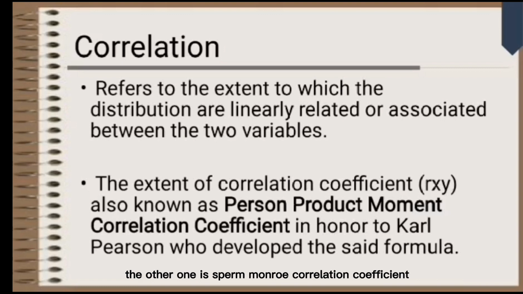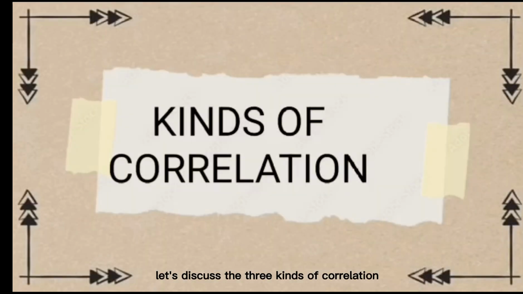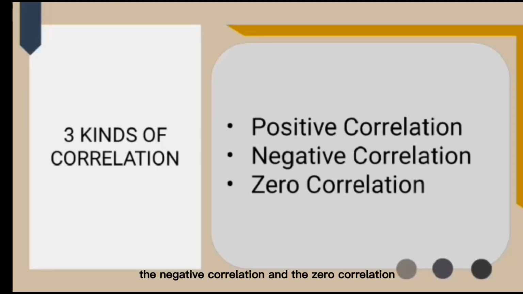The other one is the Spearman rank correlation coefficient. And now that we know what correlation is, let's discuss the three kinds of correlation: the positive correlation, the negative correlation, and the zero correlation.